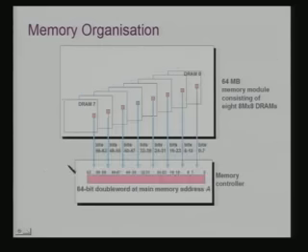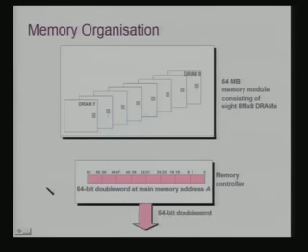Once selected, they provide those bits, since you have provided both the row and the column address. All these bits together will constitute the 64-bit double word at memory address A, and then this will be sent to the CPU.